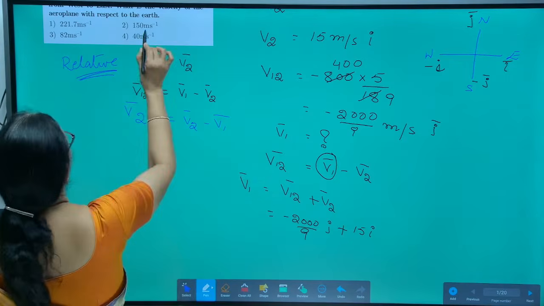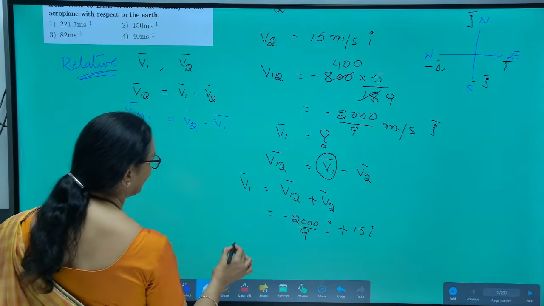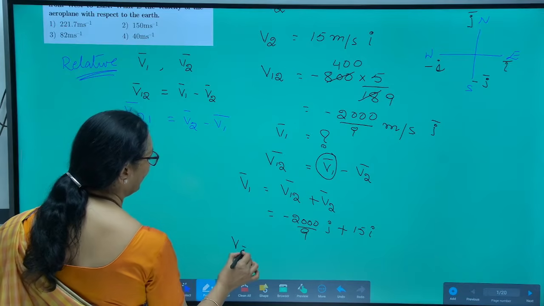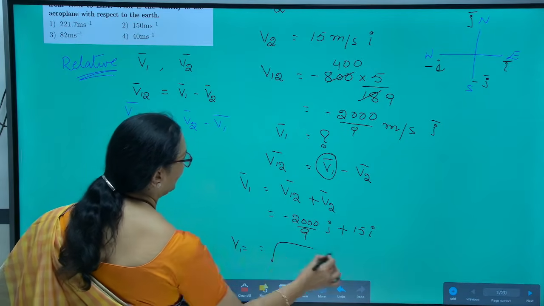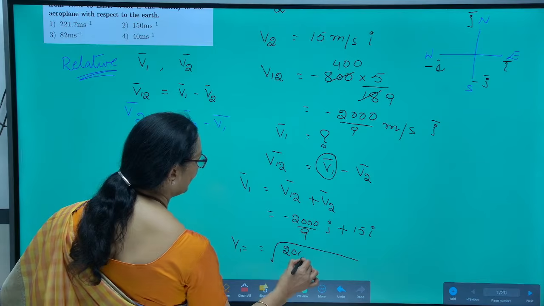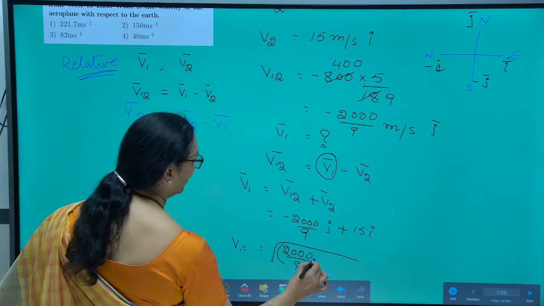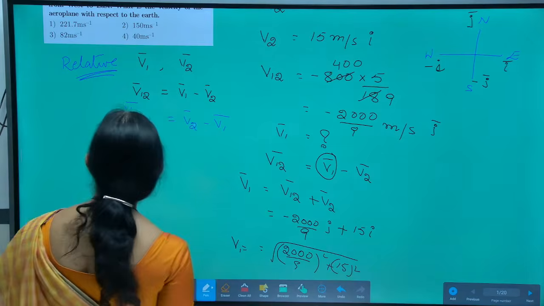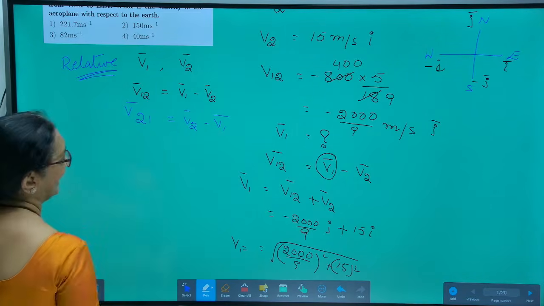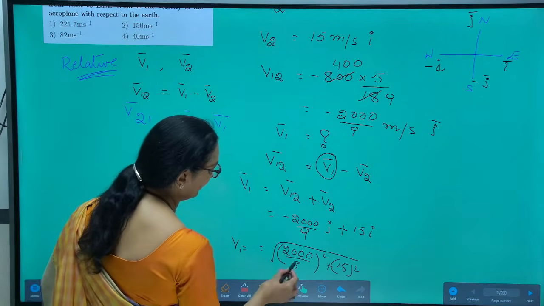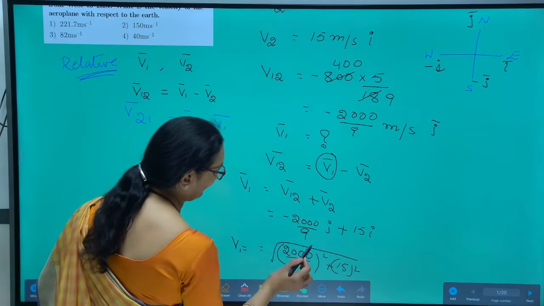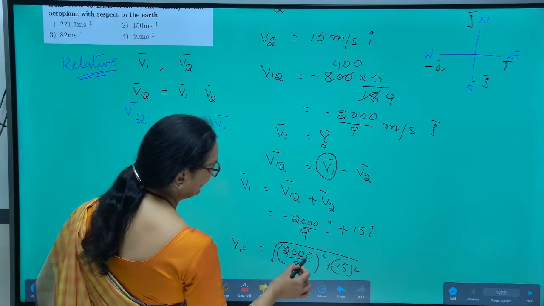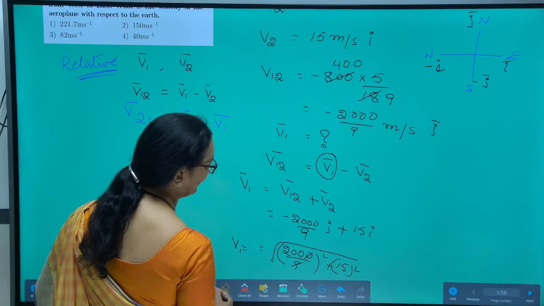So, here actually in the options just magnitude is given. So, V1 is square root of (2000 by 9) whole square plus 15 square. So, we can just guess the answer approximately there. Look, if you take this 9 approximately as 10, it gets cancelled, 200 times.